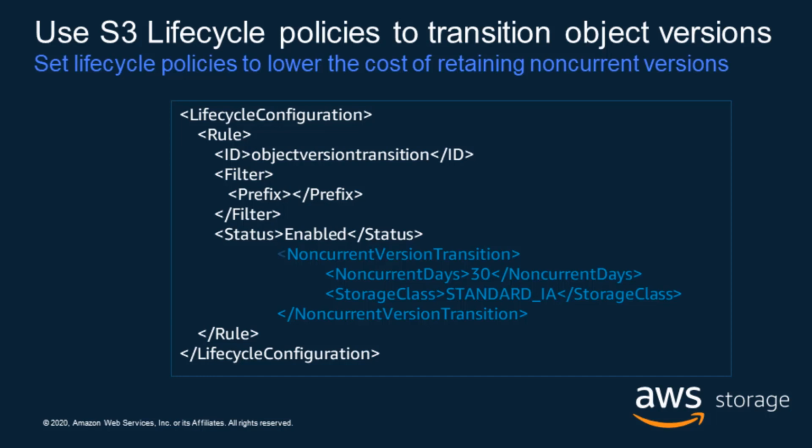On this slide and the next slide, we'll talk about how lifecycle policies can be used with versioning to give you the ability to potentially save money on the non-current versions. In this case, we do want to maintain our non-current versions. We're not expiring them in this example. Walking down the lifecycle configuration, you have the ability to name your rule.